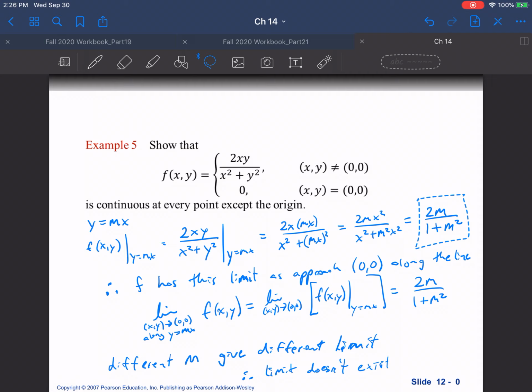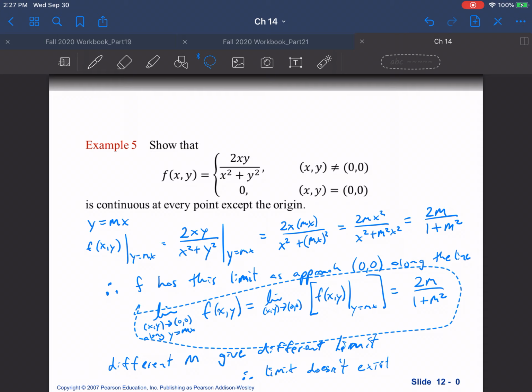Now, since that's what our limit has to be, because there are no other values on those lines, the problem is that for different values of m we get different limits. If I pick m as 1, I get 2 over 2, which is 1. But if I pick m as 5, I get 10 over 26.